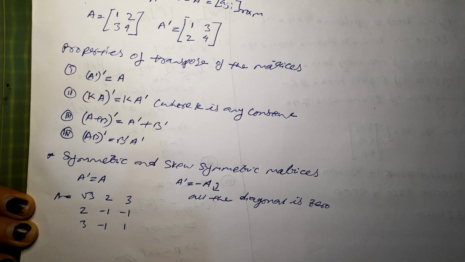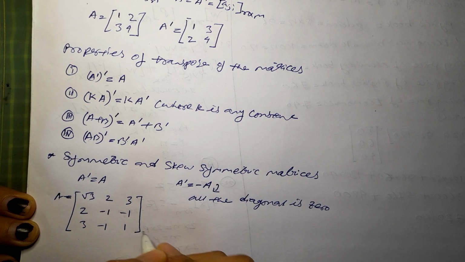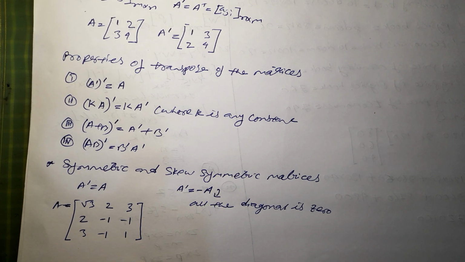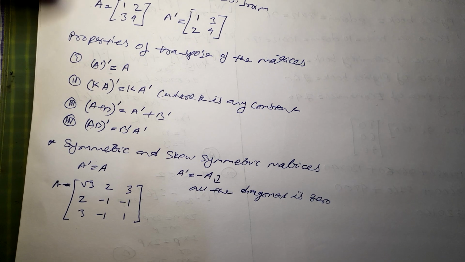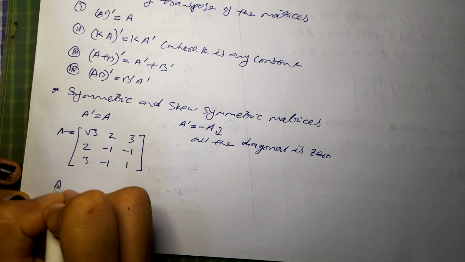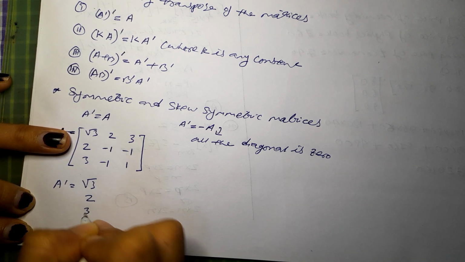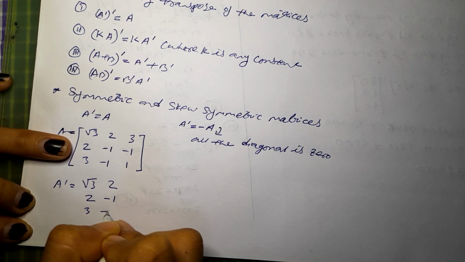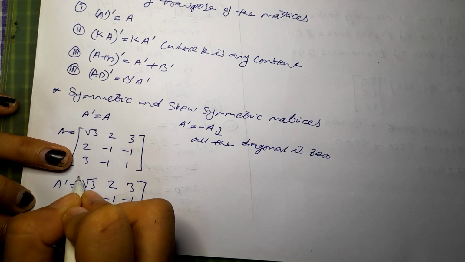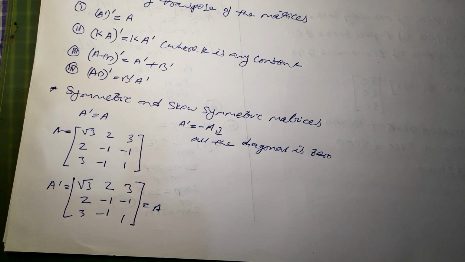Symmetric. So take the transpose of this matrix, that is A transpose. The row will become column. So A transpose equals, the row becomes column, root 3, 2, 3, 2, minus 1, minus 1, so 3, minus 1, 1. See, is it the same? So this equals A again. So this is a symmetric matrix.